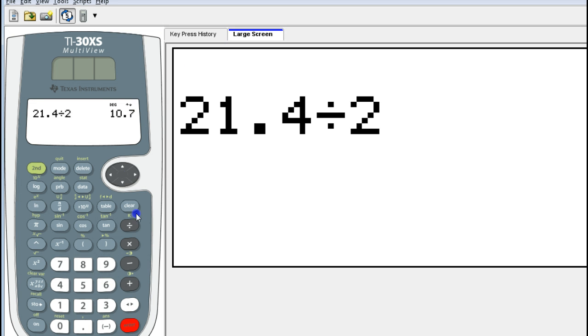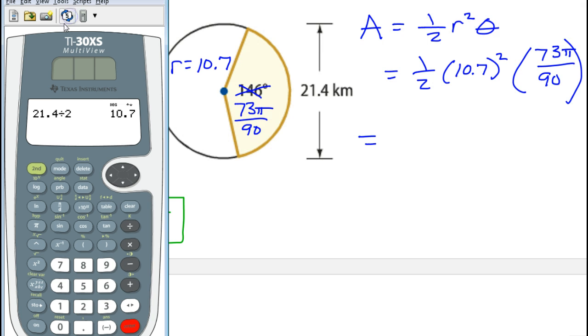Okay, my handy dandy TI-30XS MultiView. Boom.